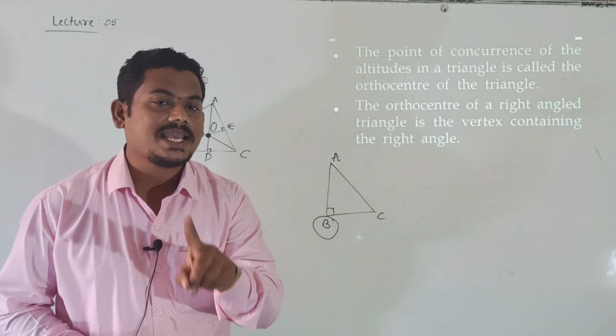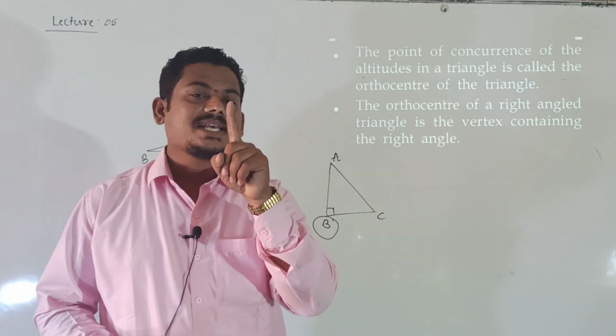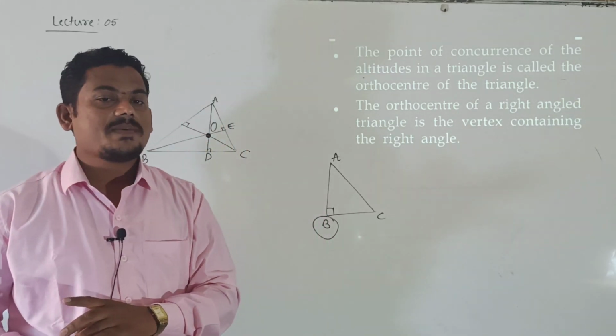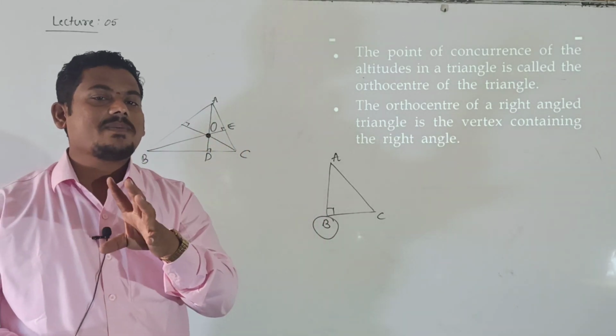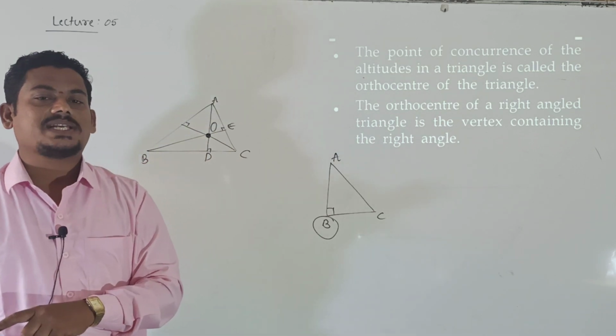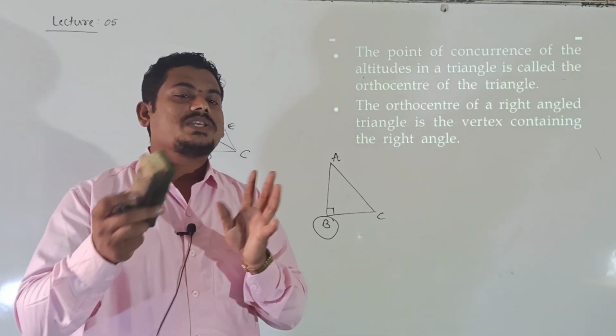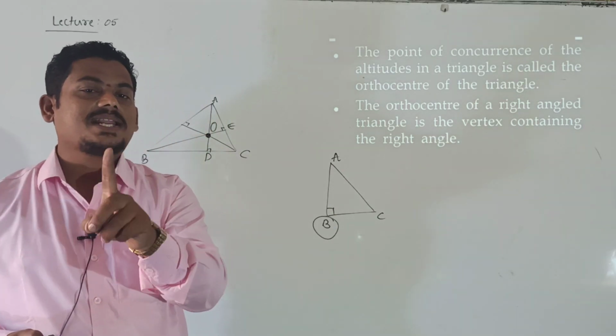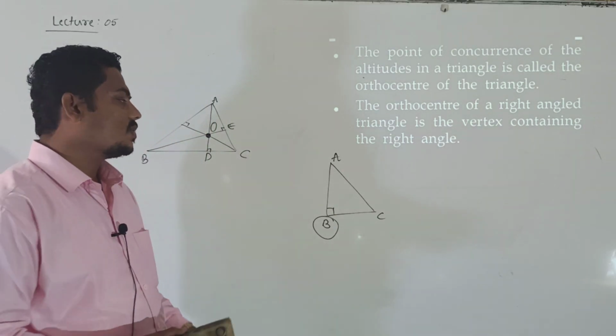The right angled vertex is the orthocenter. Remember this point. What is the definition of orthocenter? The point of intersection of altitudes is known as orthocenter. In a right angle triangle, which one is the orthocenter? The right angled vertex is the orthocenter.